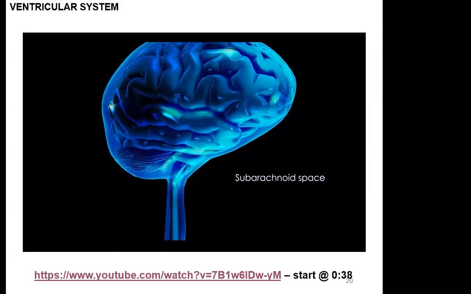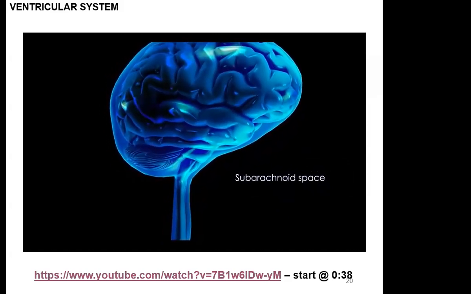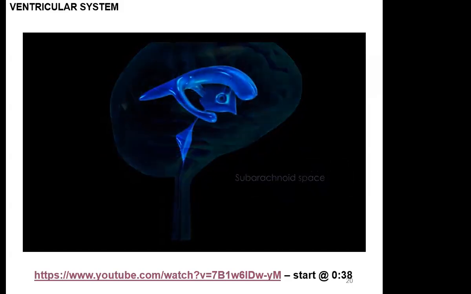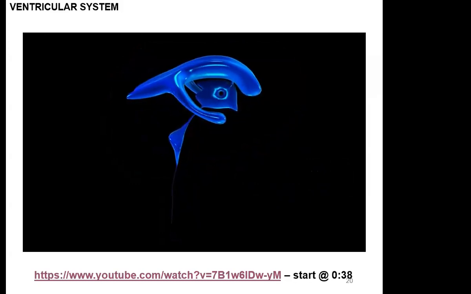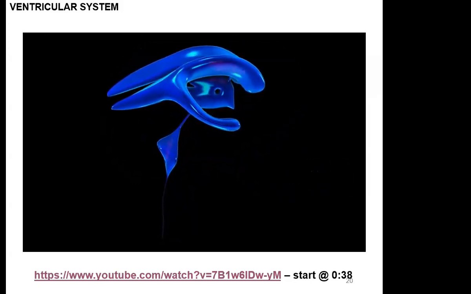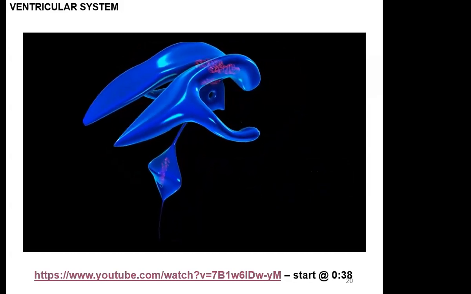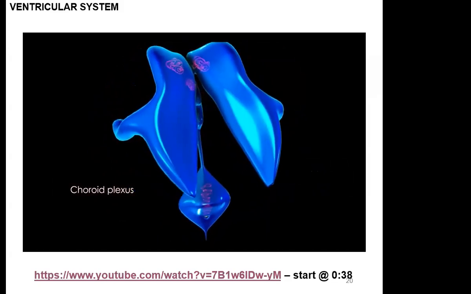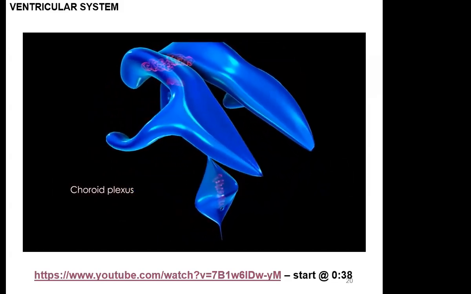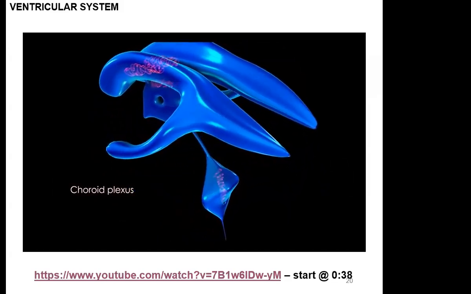It corresponds to the subarachnoid space. The CSF is secreted by the choroid plexus, clusters of capillary blood vessels located in the ventricular system.